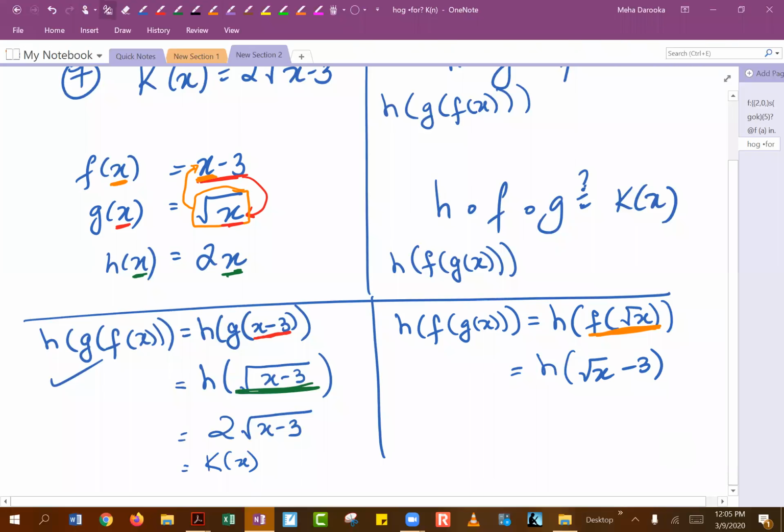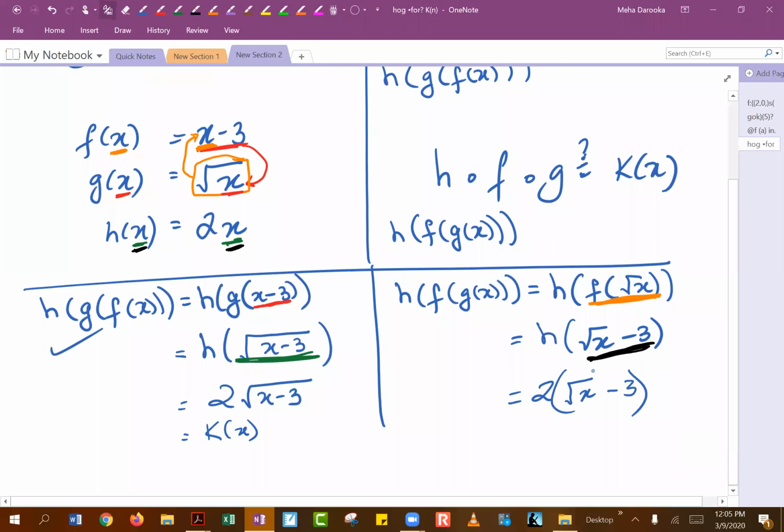Now, just like in the last step, this whole thing is replacing our x in here. So that will become still 2 on the outside, but instead of x, you're going to have square root of x minus 3. Because remember, this entire thing should replace this little x here.